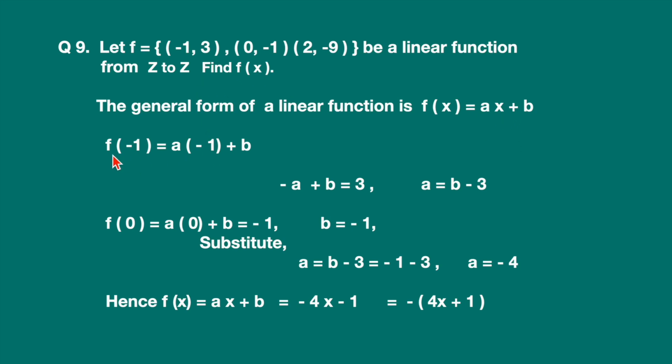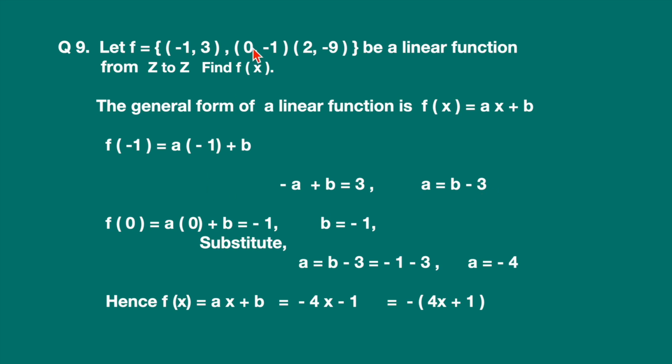So f at minus 1 is equal to, write down x as minus 1, minus a plus b. And what is this value actually? It is f at minus 1 is 3. So this is equal to 3. Now you can see that a is equal to b minus 3. So this is the first equation.